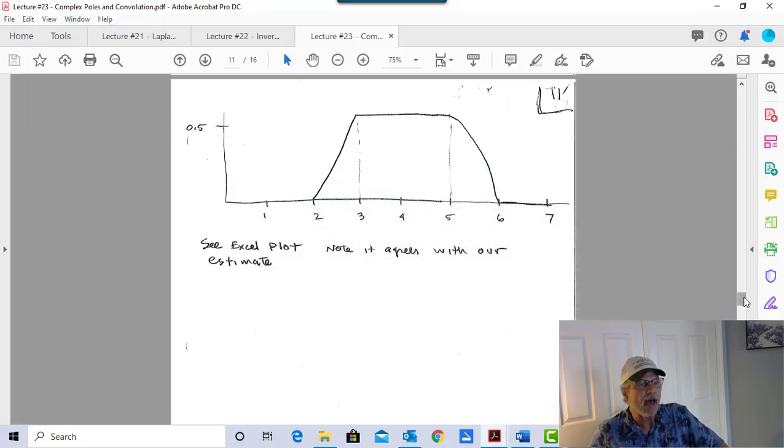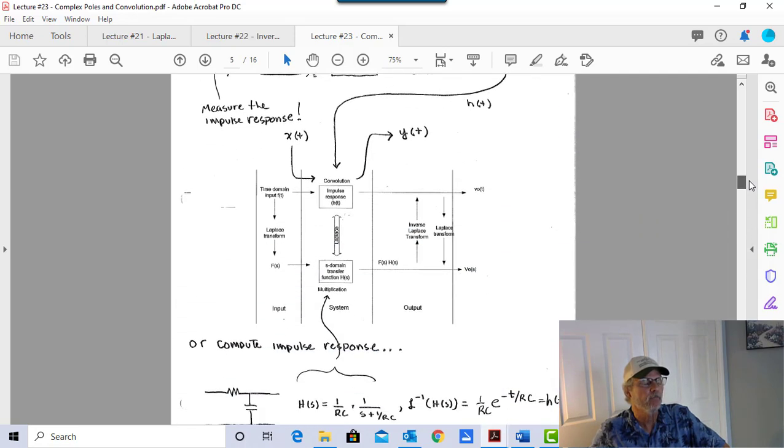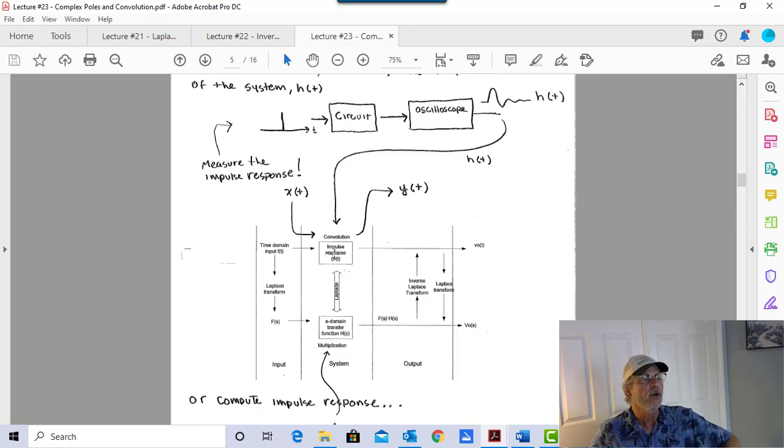A lot of math. What are we really doing? Let's go back up here. What we have done is our impulse response in this case was the rectangular function. So we had this circuit where we put an impulse in and it went up and then down.